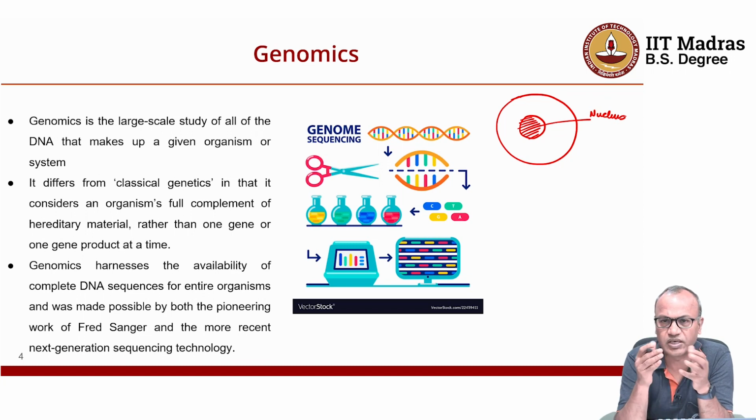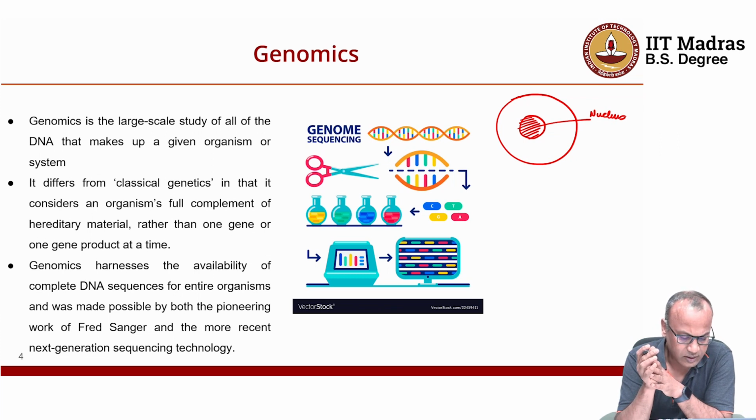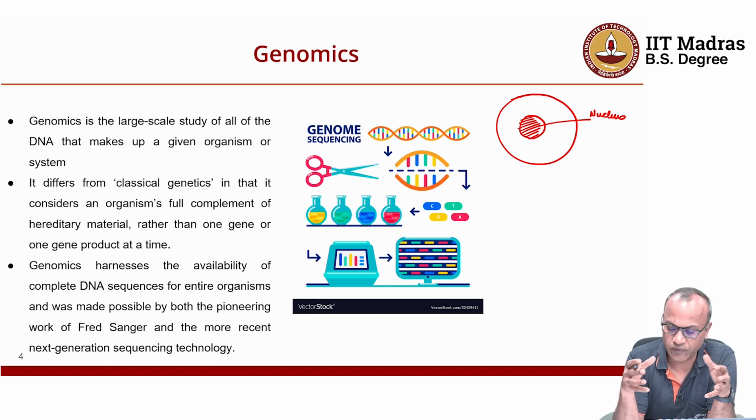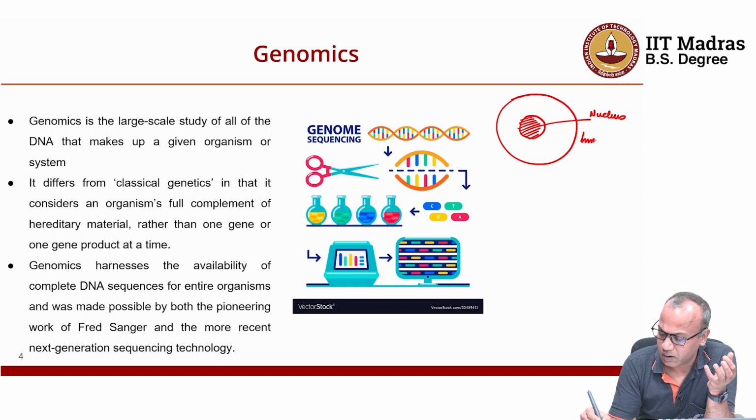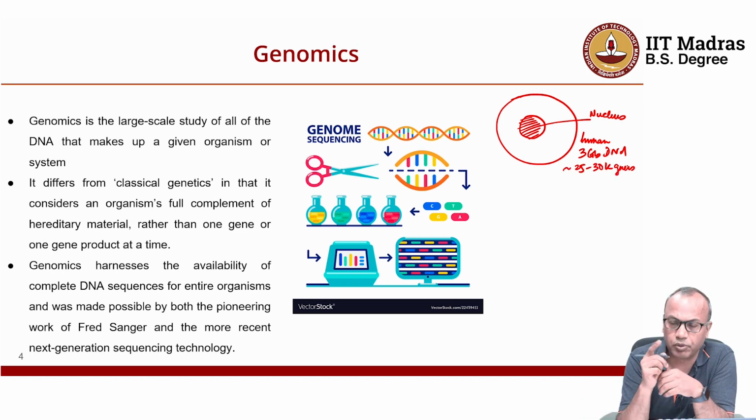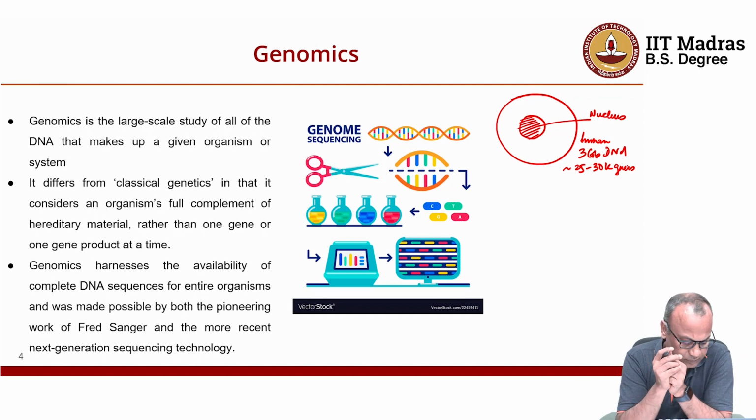So it's one gene at a time, and classical genetics has been very useful in understanding the function of single genes, one gene at a time. And genomics, on the other hand, considers all of the genes that make up the organism. So if I am talking about the human genome, I am talking about 3 gigabases of DNA, which is approximately 25 to 30,000 genes. I'm not talking about one gene, but all the genes together.